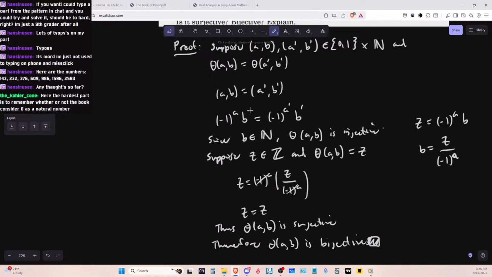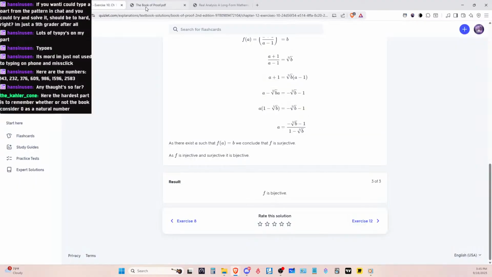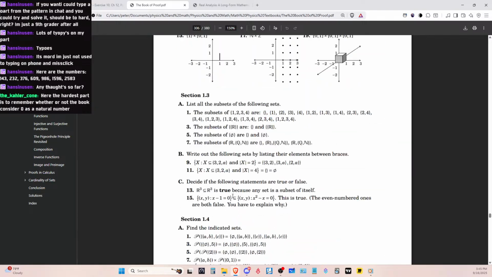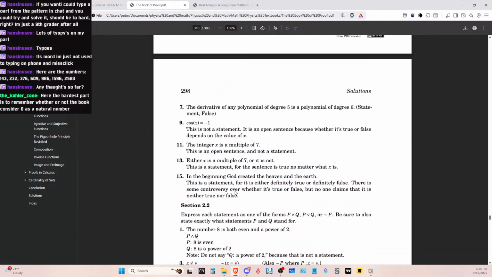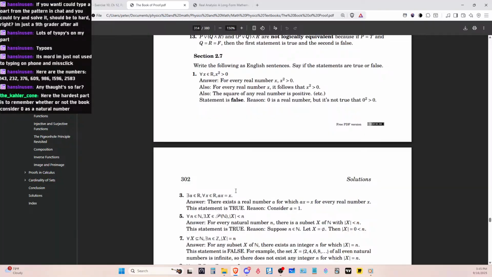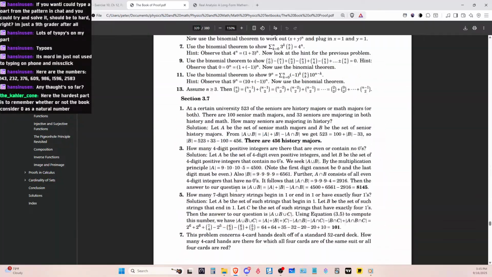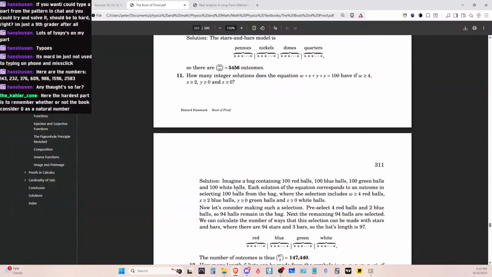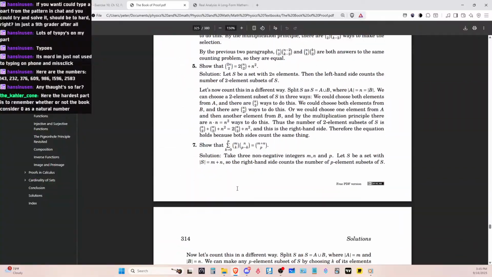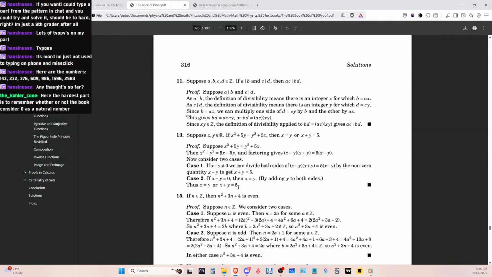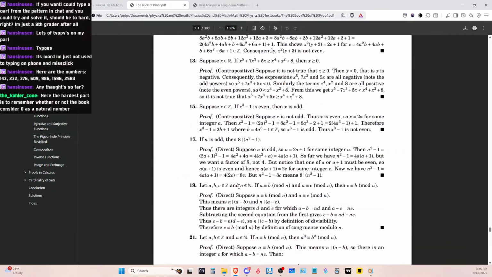This is number 11. So let's check out solutions. So I think it's both. Hopefully we got that right. If not, then I don't understand the proofs as much as I thought I did. But no problem, we still learn either way.